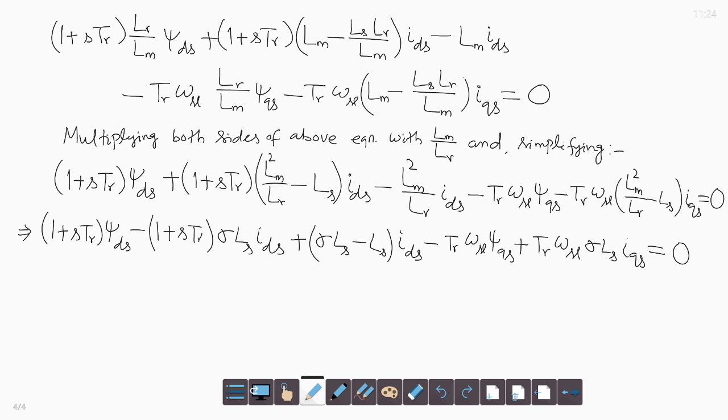So, we have sigma, I am writing sigma is 1 minus Lm square divided by Ls Lr.